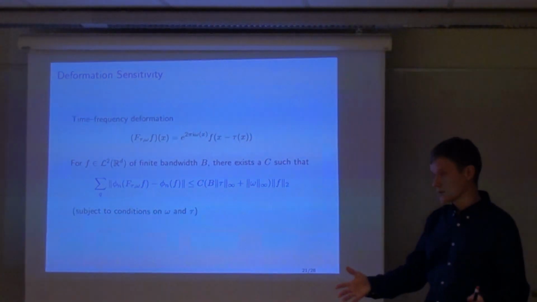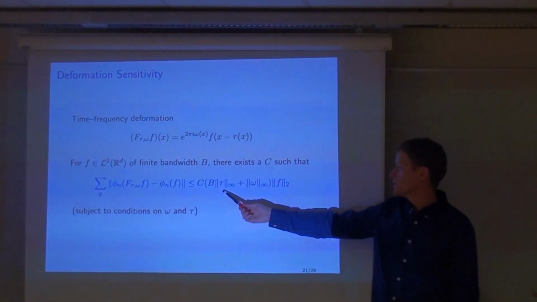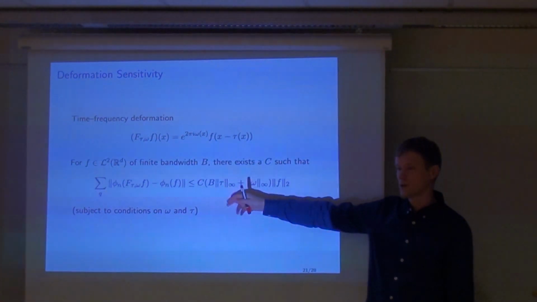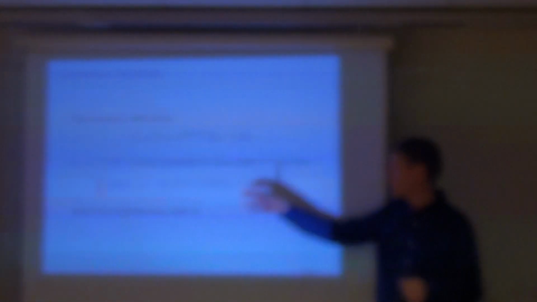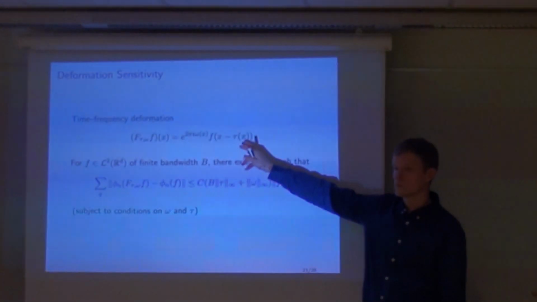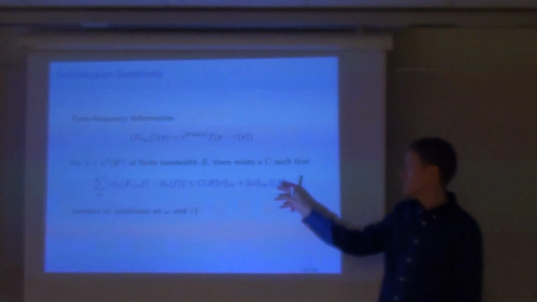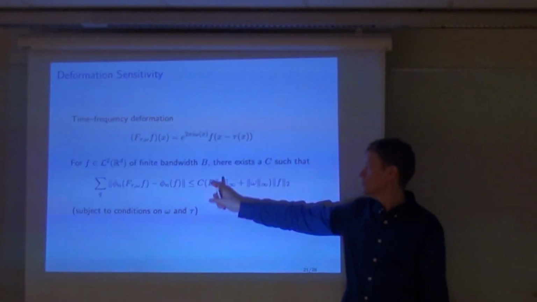The distance is not bigger than something that depends on how big, as measured by the sup norm, the time translation and the frequency translation are, times how big is f. And here bandwidth comes in. B is from bandwidth.